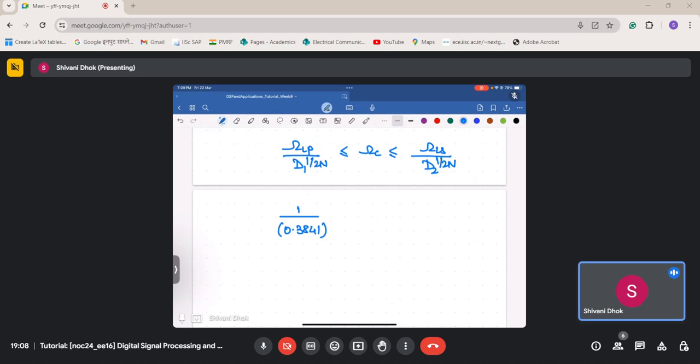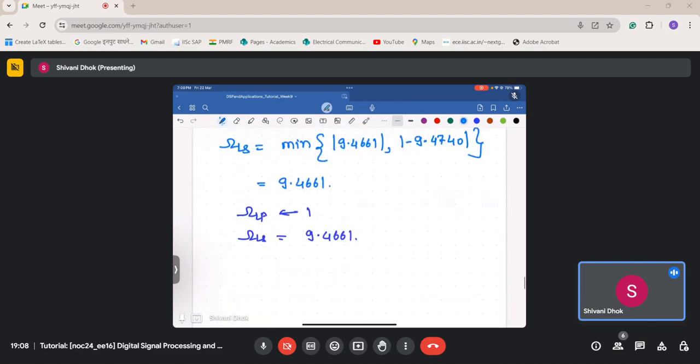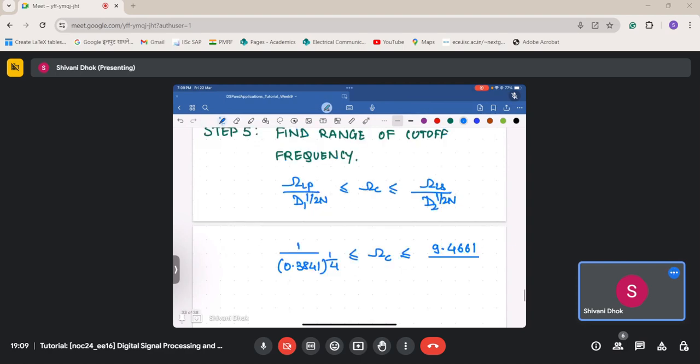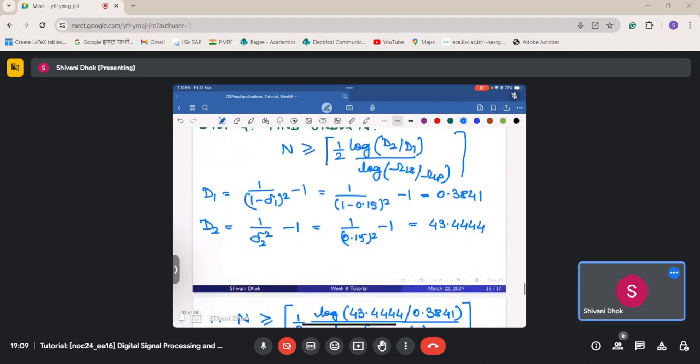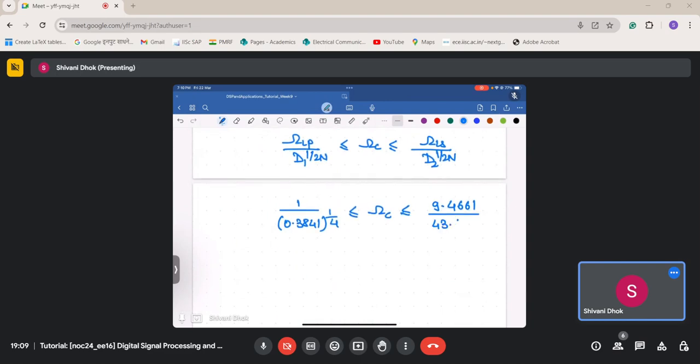N is equal to 2, so 2n will be equal to 4, so 1 by 4 less than or equal to omega c less than or equal to omega ls, which we had found out as 9.4661, divided by d2, which is 43.4444, to the power 1 by 4.